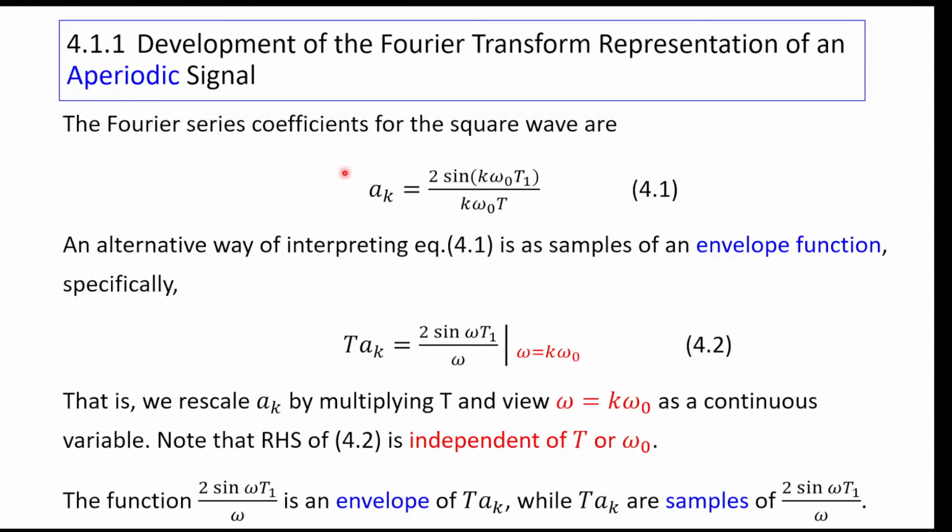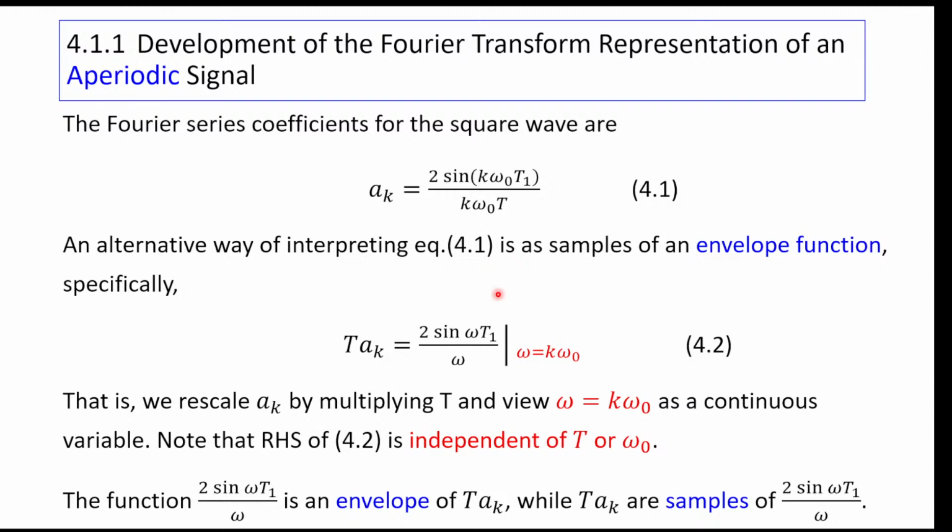We see this a_k can be written in a funny way, as a function of omega. We think of this k omega naught as omega. So this is sine omega T1 over omega, sampled at omega equal to k omega naught.